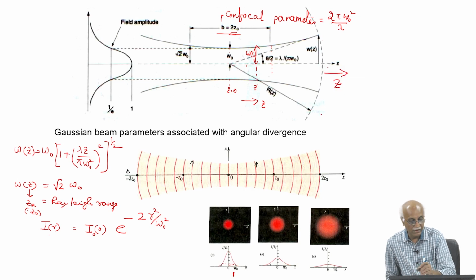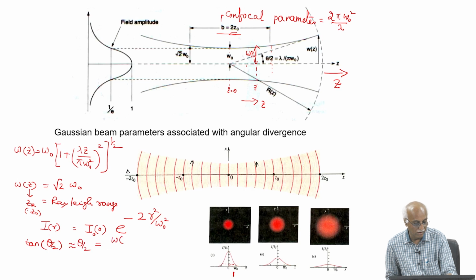Opposite side divided by adjacent side is nothing but tan theta by 2. When theta is small, tan theta by 2 is approximately theta by 2, which is the beam spot size at this position z, divided by the adjacent side, which is z.